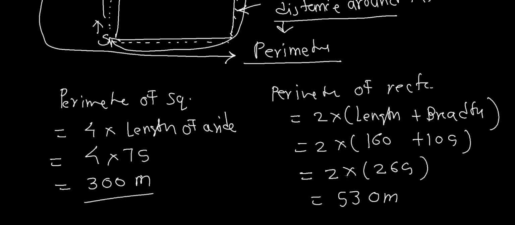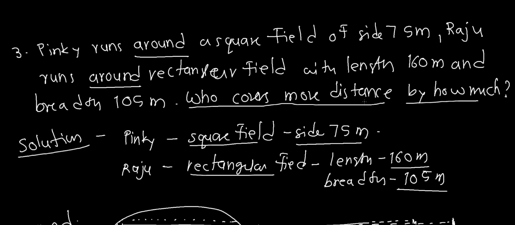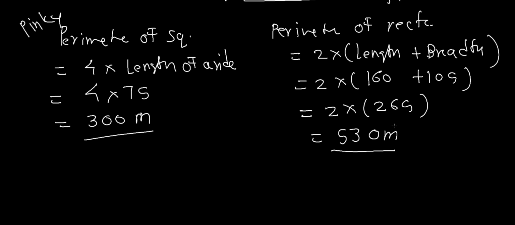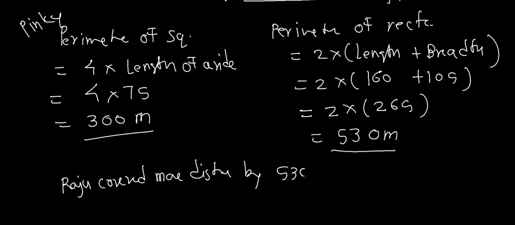So our answer is this perimeter of the square represented by Pinky, and this one represented by Raju. What they have asked is, who covers more distance and by how much? As we can see by observing, Raju covered more distance. To get by how much, we need to subtract the distance covered by Pinky.